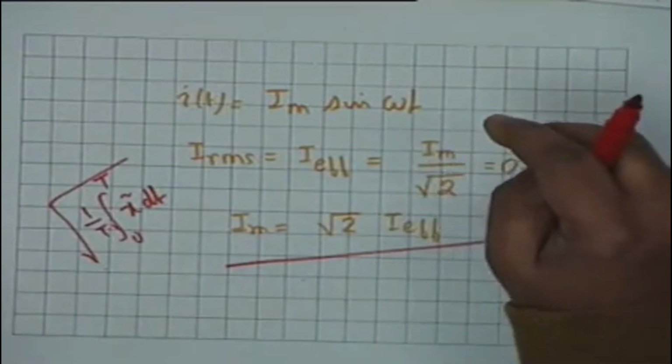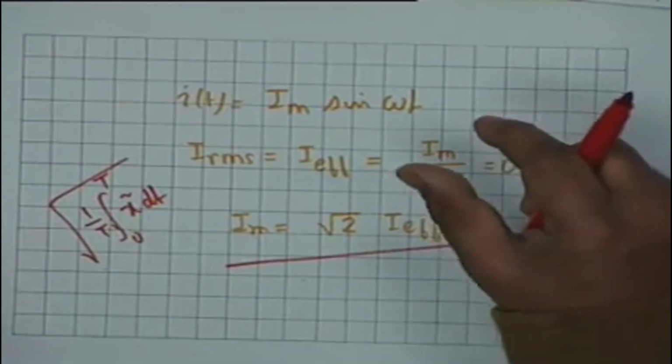For the average value, you connect any DC meter in the circuit and it shall read the average value. The root mean squared value can be measured by any AC meter in which the torque that causes a deflection of the meter is proportional to the square of the current or the square of the voltage.